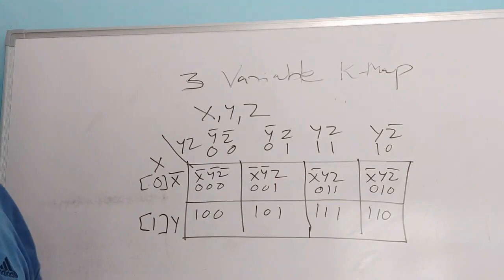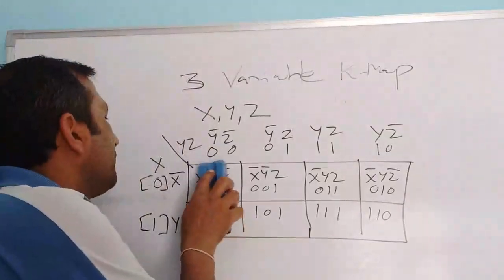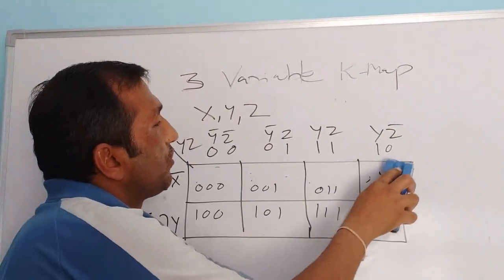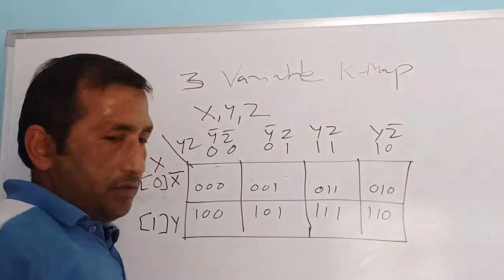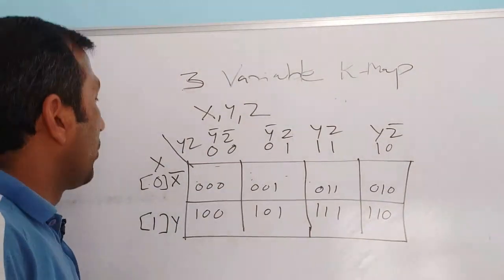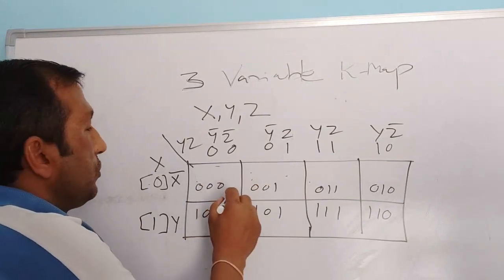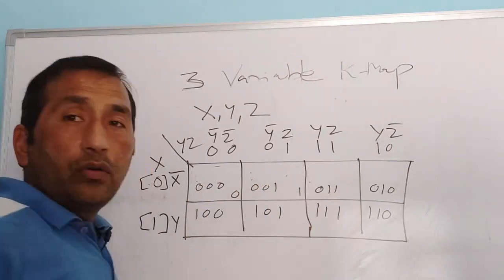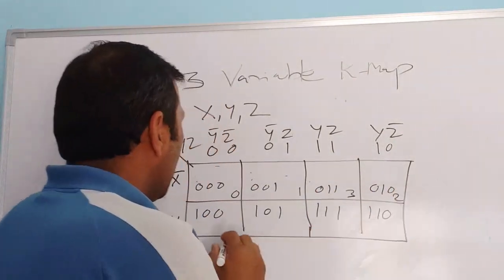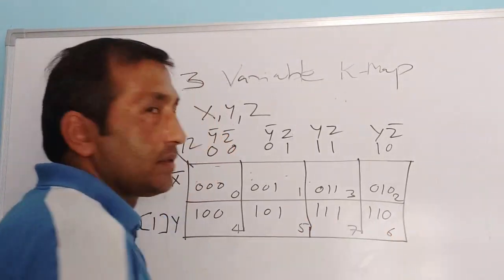Alright, now these are actually binary progression, or you can say binary combination of the digits. Now we will convert it to its decimal equivalent. So it will be 0, 1, then 3, 2, then it is 4, 5, 7, 6.